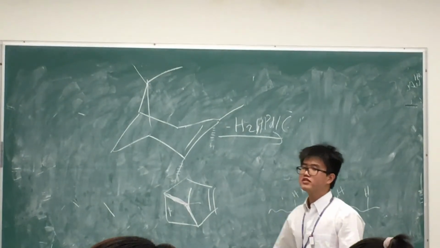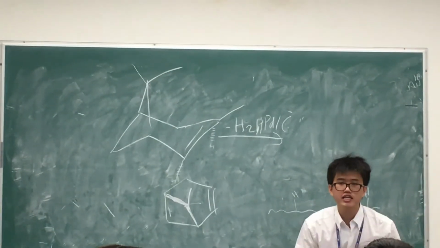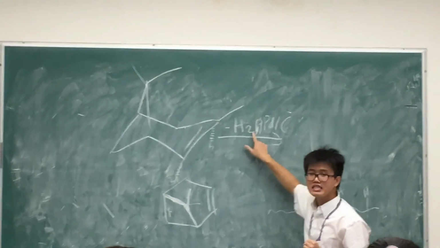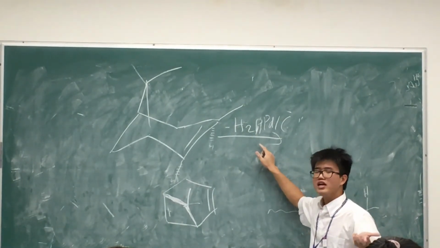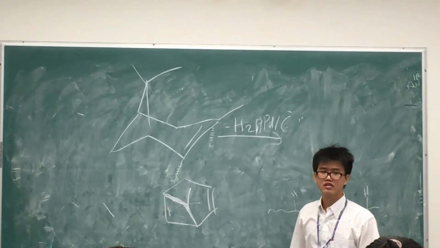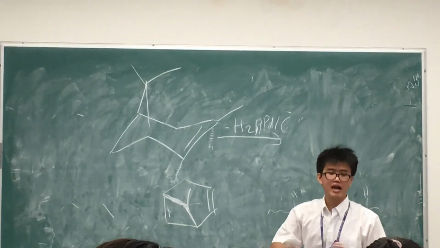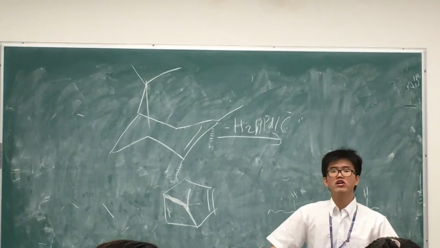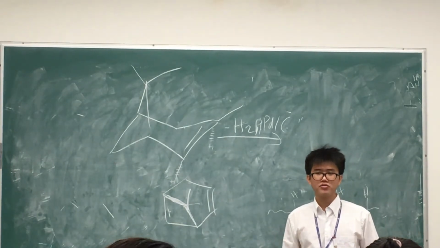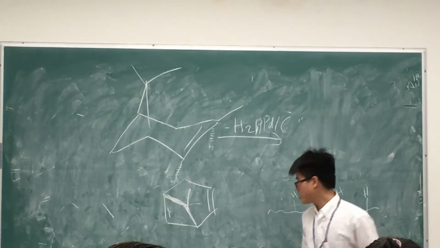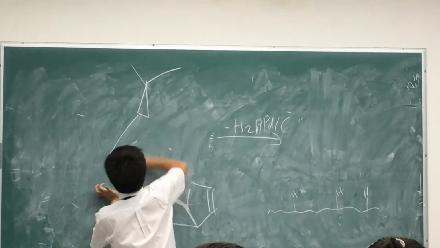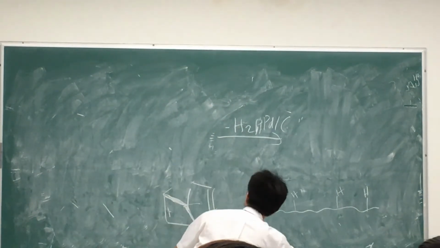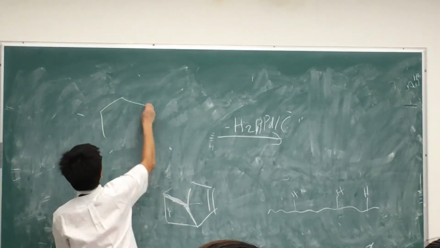And another characteristic of this reaction is that because these are catalysts, they are really, really specific. They just add to alkene. They don't add to other carbonyl groups or nitrile groups. So next reaction. Okay, I have this one.